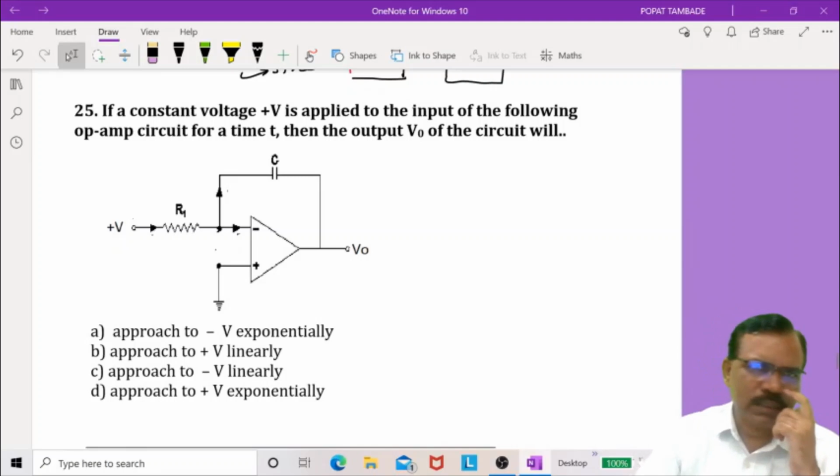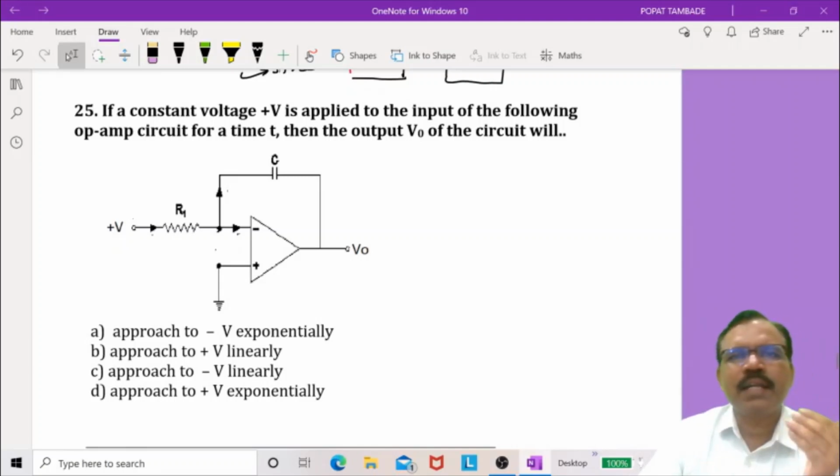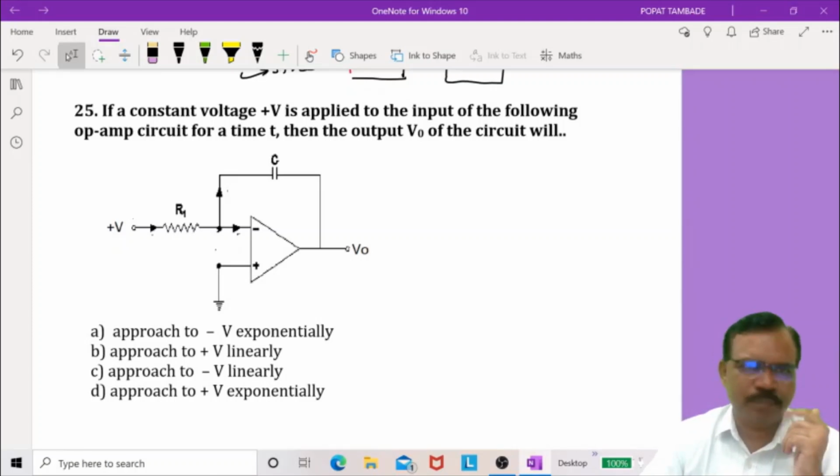If a constant voltage plus V is applied to the input of the following op-amp circuit for a time t, then the output V0 of the circuit will be?